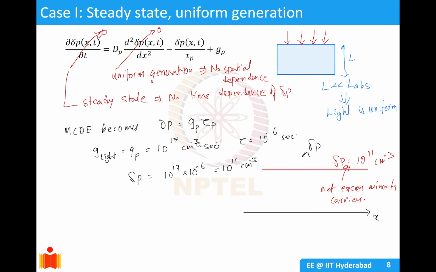You multiply it, and your delta P will then be 10 power 11 per centimeter cube. So you will have a net excess minority carrier concentration of 10 power 11 per centimeter cube, and this is uniform across space and position as well as time, because of steady state and uniform. So this is the simplest case.